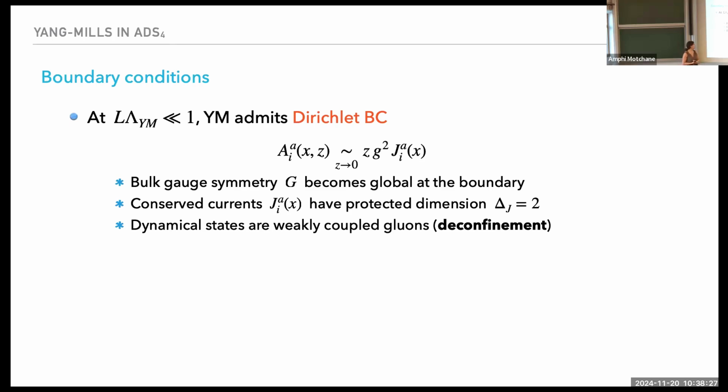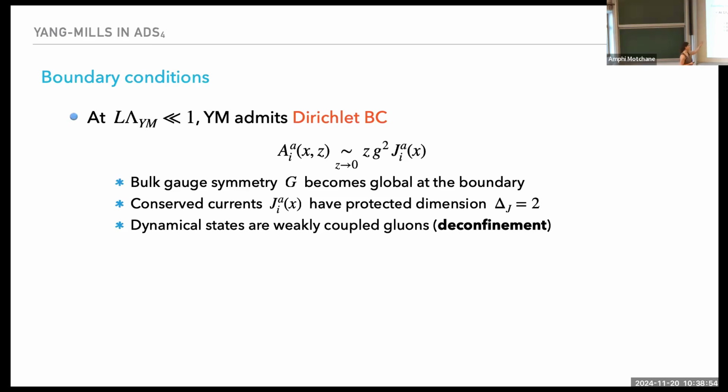When we are at very small radius, we can solve the equations of motion for the gauge field and find which are the possible boundary behaviors which preserve the AdS isometries. One possibility is to impose that the gauge field at the boundary asymptotes to a global current.